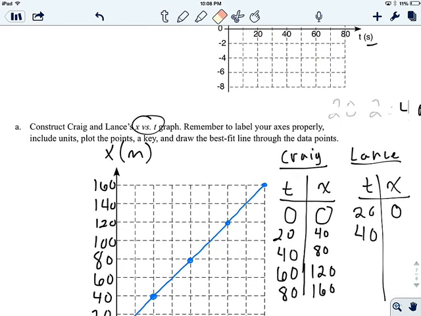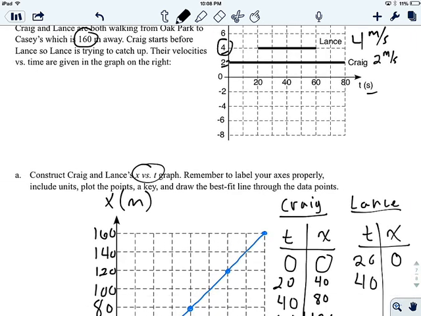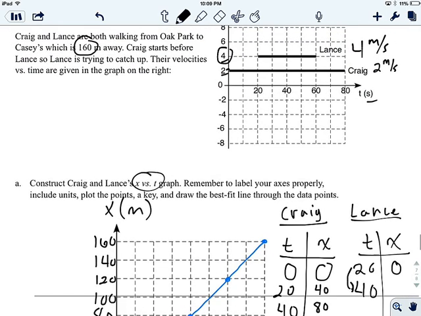So let's give me a little space to write here, okay? So we know that Lance can go 4 meters in every second. So let's try and figure out after 40 seconds, okay, so this is an increase of 20 seconds. So we can only multiply by 20.